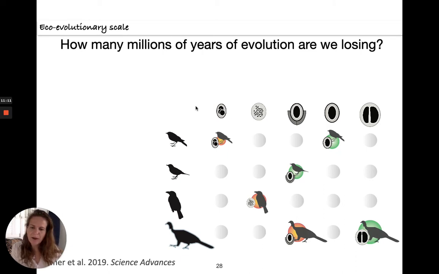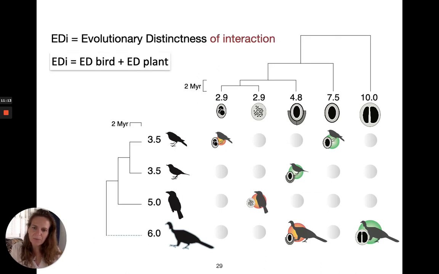We did that by bringing the phylogenetic information from the interacting groups, in this case birds and plant species again, and we then calculated a metric that we called evolutionary distinctness, which gives us an idea of how unique each species is within its own clade. And then once you get these values for the birds and for the plants, we combine them in what we call EDI. So it's the sum of both interacting partner species. We can do that for all the interactions.